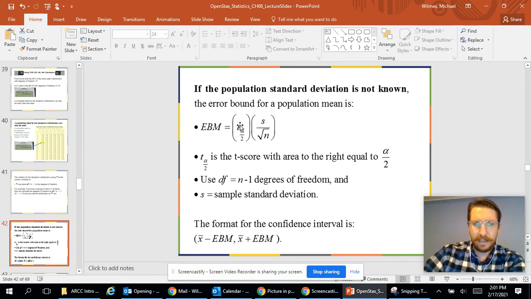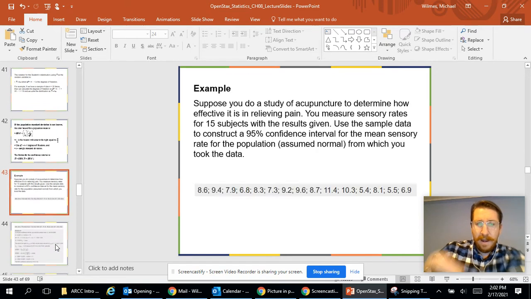This time we're going to calculate this using a t-distribution. S stands for the sample standard deviation, and n stands for the amount of data we have. So these are really good. This is a good slide to write down and to bookmark, slide 42 here, because you will need this to do these problems.